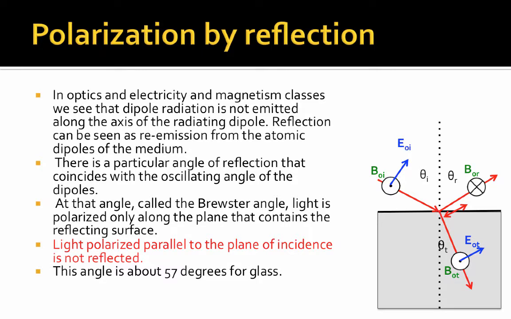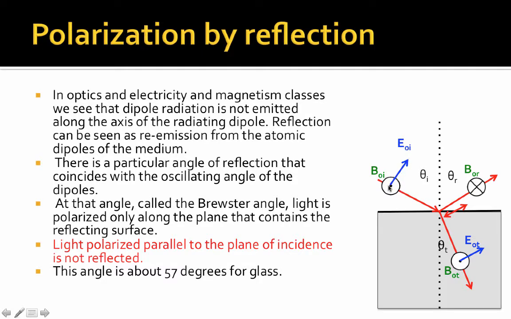So if this is our piece of glass that we're reflecting light off of, reflection is simply a vibration of the atomic dipoles in the glass and then re-radiation from that vibration. And I've drawn here a particular angle of reflection that coincides with the oscillating angle of the dipoles, and therefore there is no radiated or reflected light. So let's go through this.